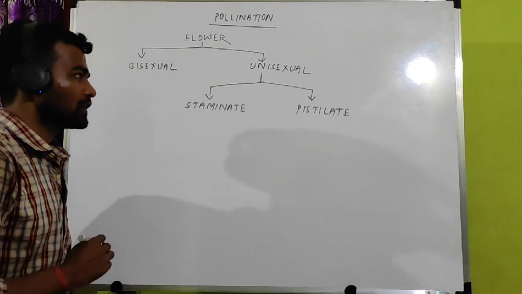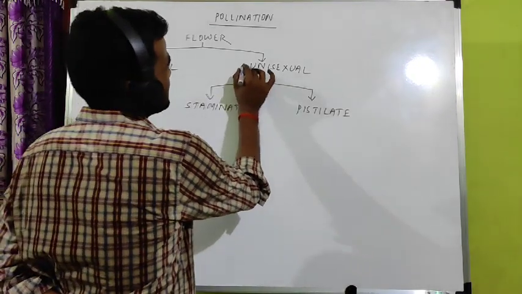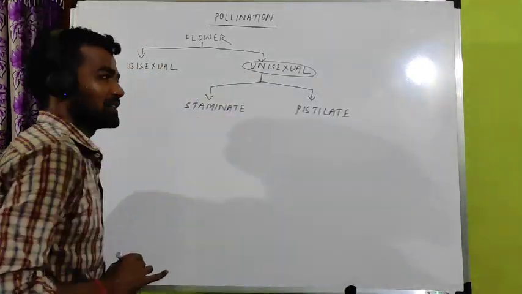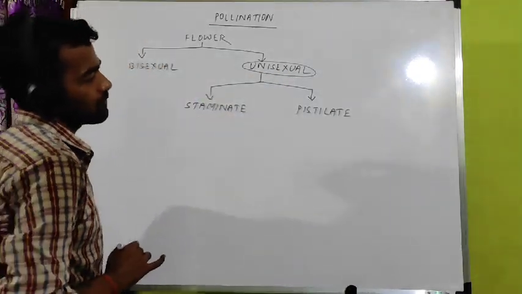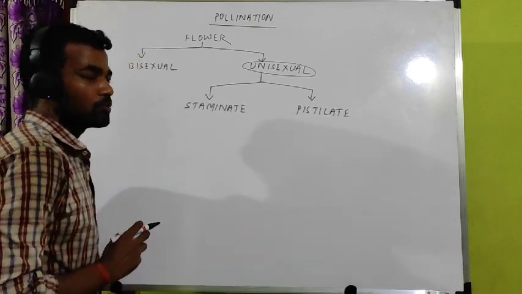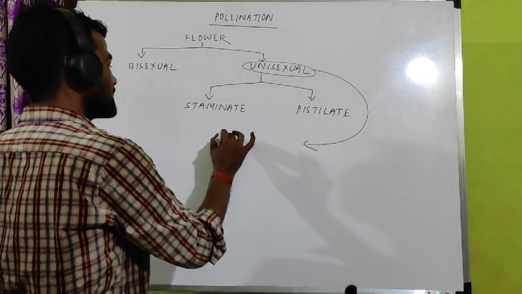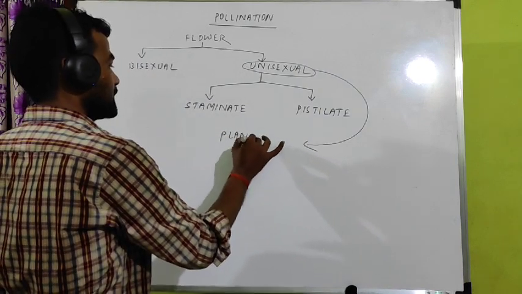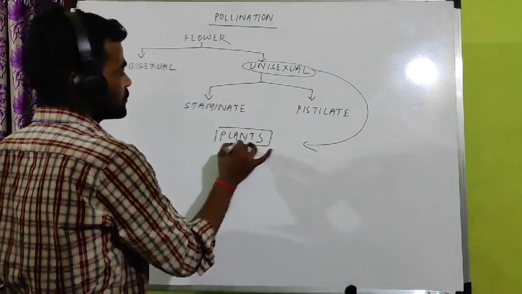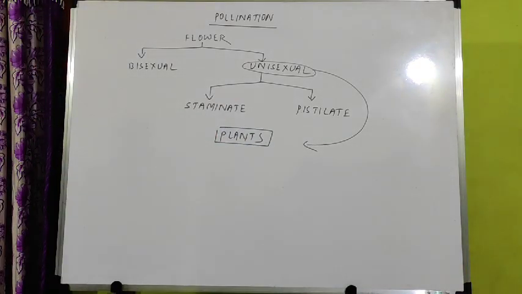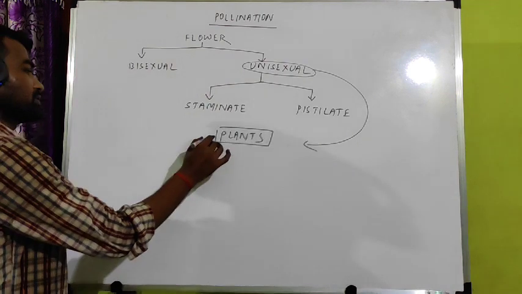But the important thing to discuss is the unisexual flower present in a plant. According to the type and number of unisexual flowers present, plants are categorized into two groups. With respect to unisexual flower, plants are two types.